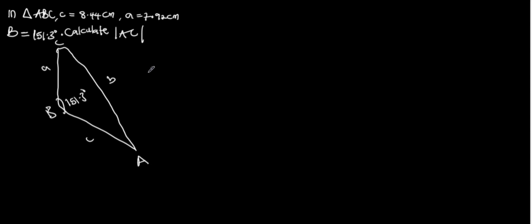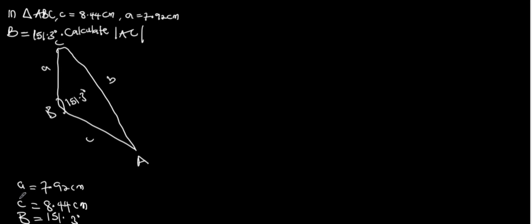Now, you know that you are using the cosine rule when you are given two sides and the angle opposite the third side that was not given.